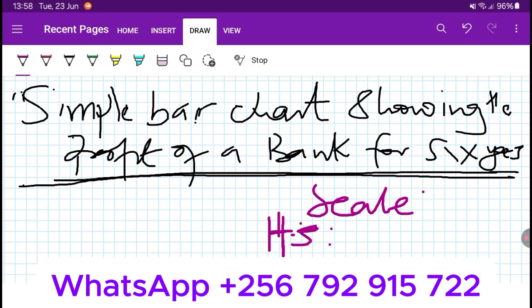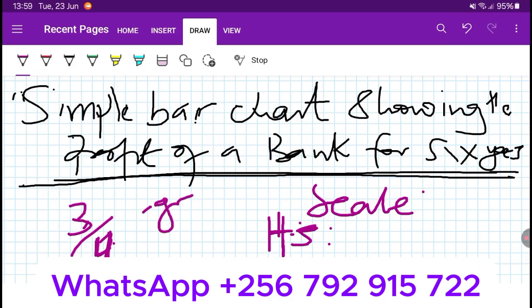Whenever you are drawing any graph, you make sure that on the graph paper, you utilize at least 3/4 of the graph book, and that should be representing the graph.